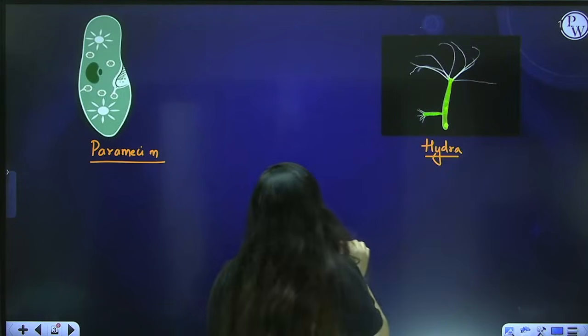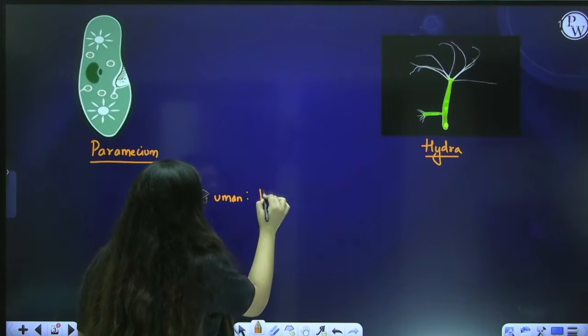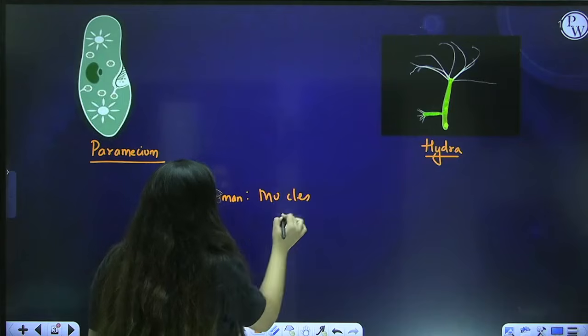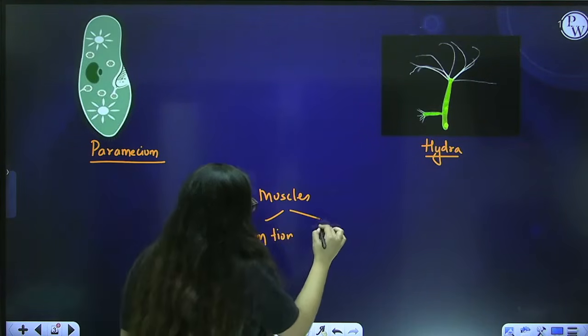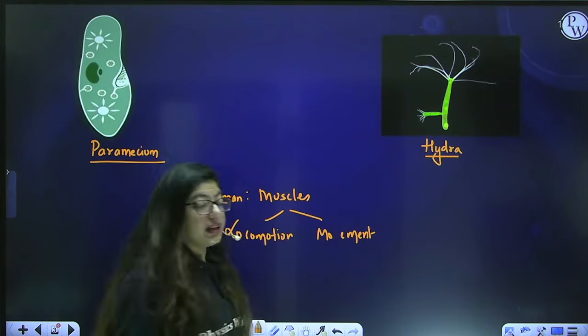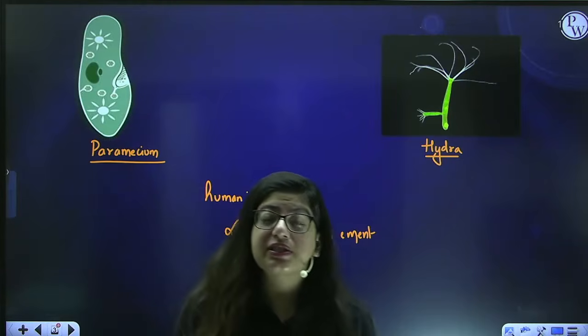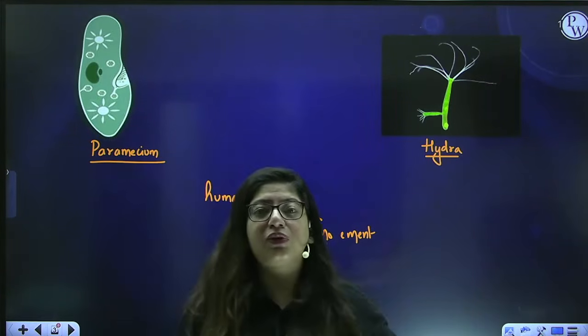Now, just like human beings, I'm also mentioning human beings here. In humans, the muscles cause locomotion and also cause movement. For example, the visceral or smooth muscles in your intestine cause movement of the food, whereas skeletal muscles help you in locomotion.